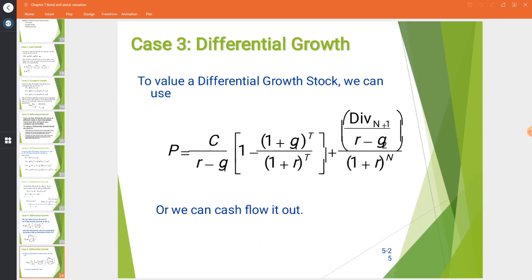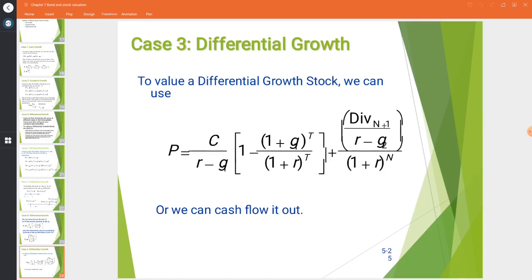BV is equal to the dividends Div 0 discounted by R minus G1. B is equal to C. This is a cash flow at the end of the first year, which is Div 0 multiplied by 1 plus G1 divided by R minus G1 multiplied by 1 minus 1 plus G1 power to T divided by 1 plus R power to T, plus a BV at the second period with the second growth rate, which is G2.